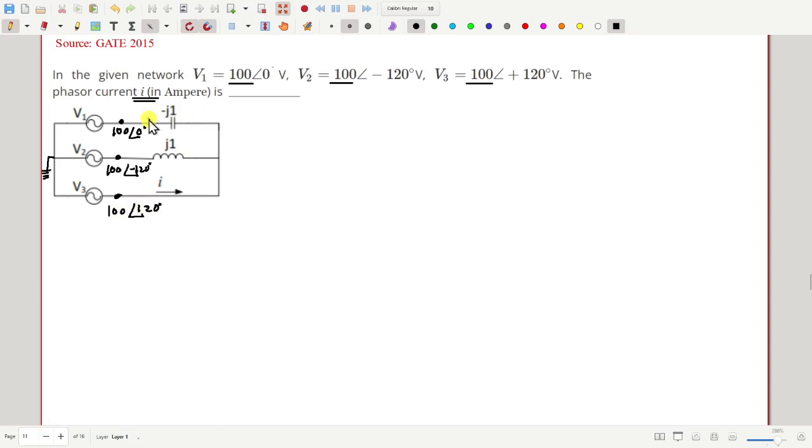Let me call this current I1, this I2, and this is I. How much is I1?